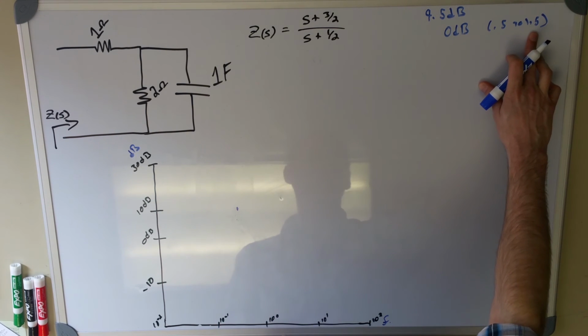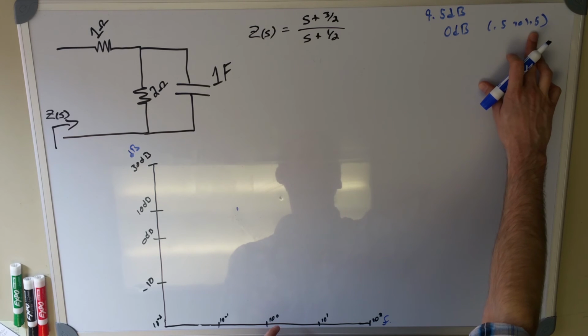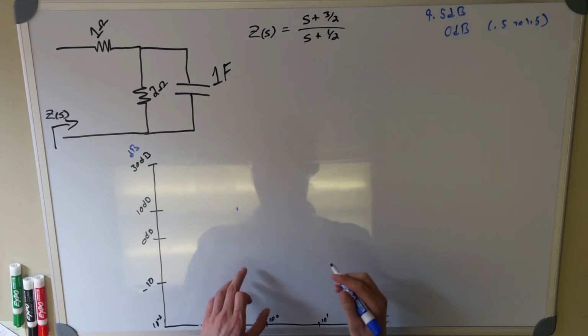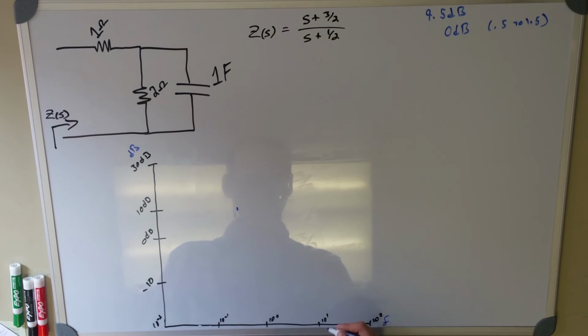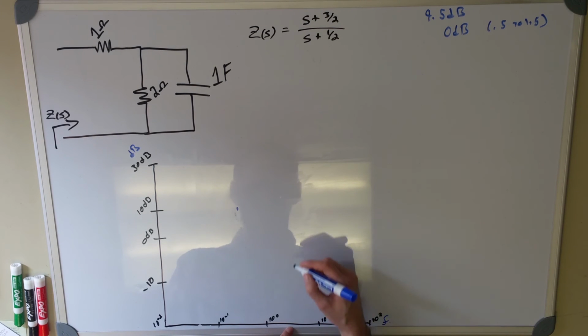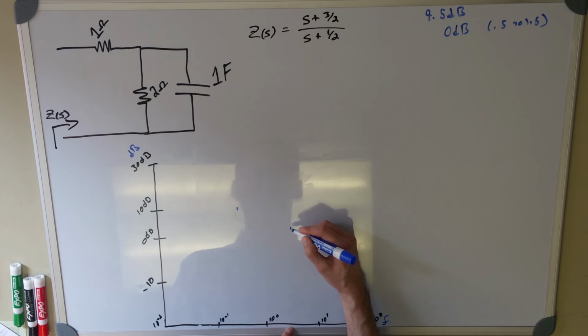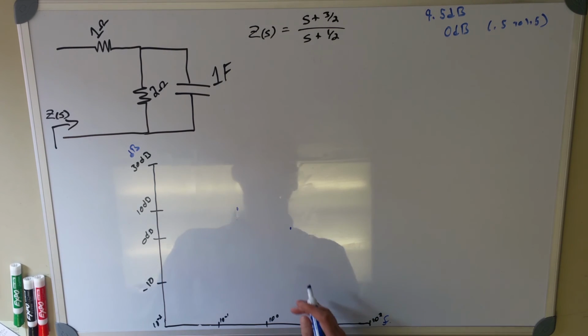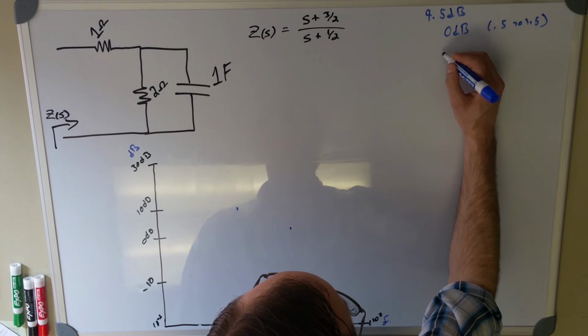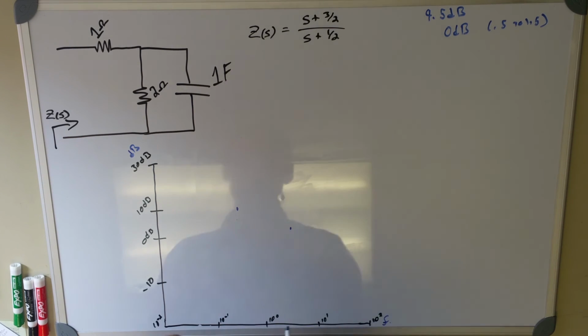Now our other point here of 1.5 is 0. And our last point stayed at 0.